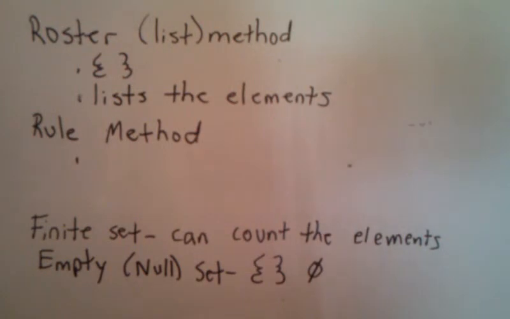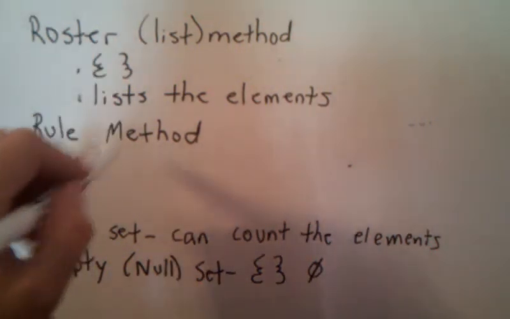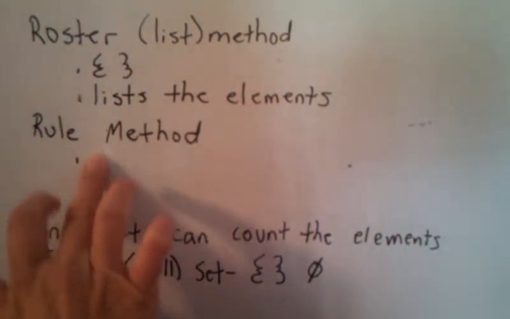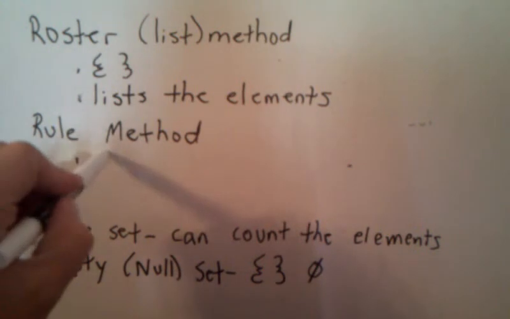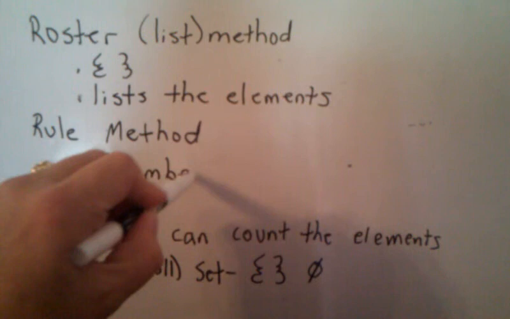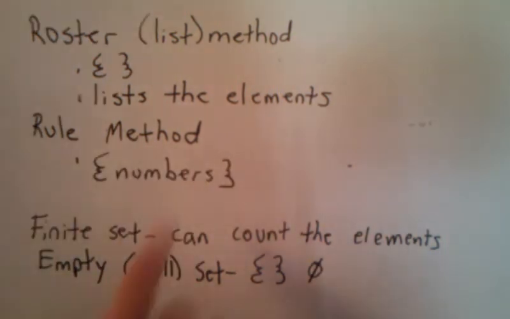For example, if I wanted a set of numbers, I could use... I accidentally put a parenthesis there. I could say numbers. Okay? This is the way I could write the numbers using the rule method.